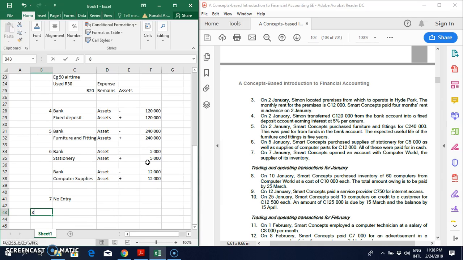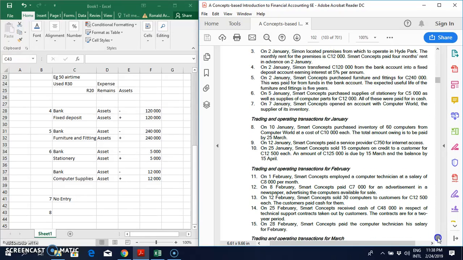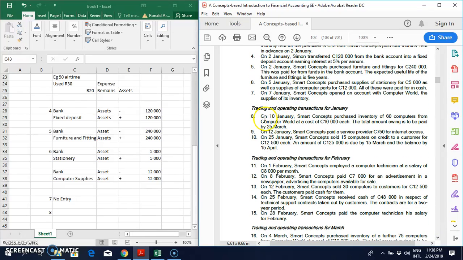Then transaction 8. So now we're going to purchase inventory in transaction 8. It says on the 10th of January, Smart Concepts purchased inventory of 60 computers from Computer World at the cost of 10,000 each. The total amount owing is to be paid. So it says we purchased the computers and we are going to pay. So did we pay?